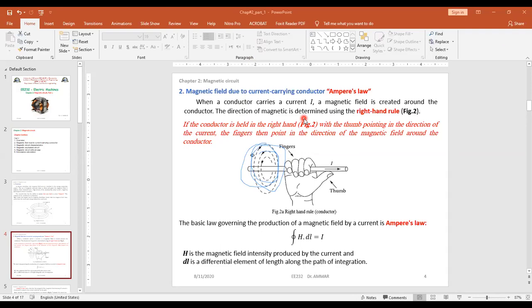So in order to determine this magnetic field mathematically, the magnetic field has different terms. We start with the first term, which is the magnetic field intensity. I'm going to use the whiteboard, as we have done yesterday.